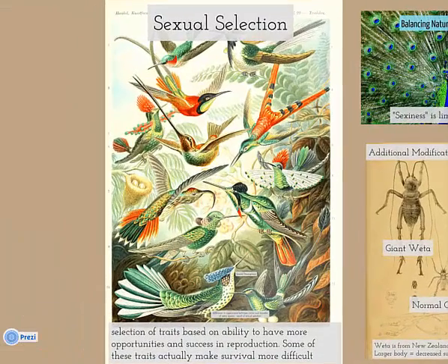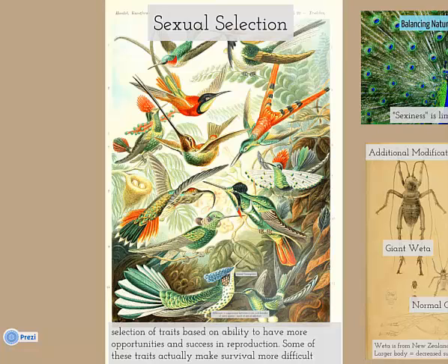Now, sometimes you'll see traits like these brightly colored birds and you're thinking, okay, explain this to me. How on earth can natural selection select for these crazy bright colored birds? Obviously, they're a lot easier to pick out and eat. And you're right, there is another force at work here. Sexual selection is selection of traits based on the ability to have more opportunities or success in reproduction, not survival.